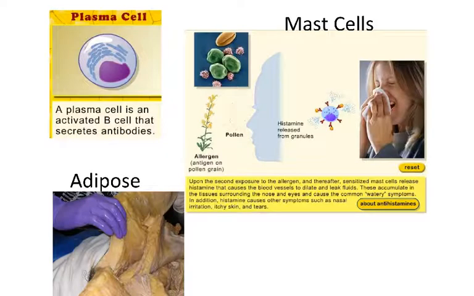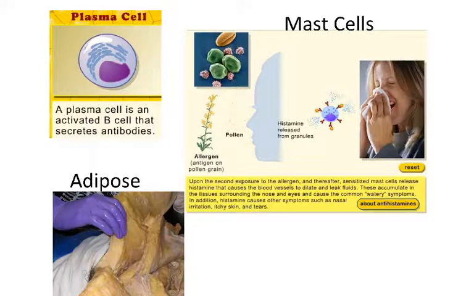Okay, a mast cell and plasma cell are special types of white blood cells, so I'm just going to preview it. But for those of you curious, if you have allergies, that's because you have potentially overactive mast cells, which help create the histamines that make you have inflammation. So that's why you take an antihistamine to reduce allergy reactions.